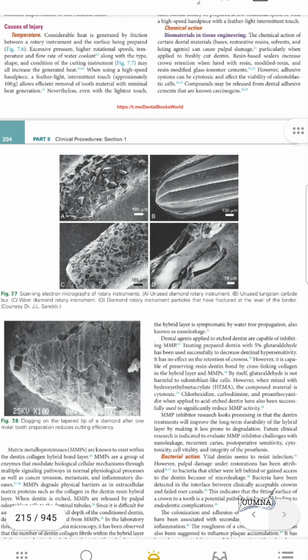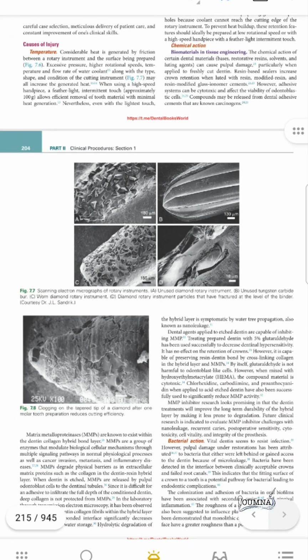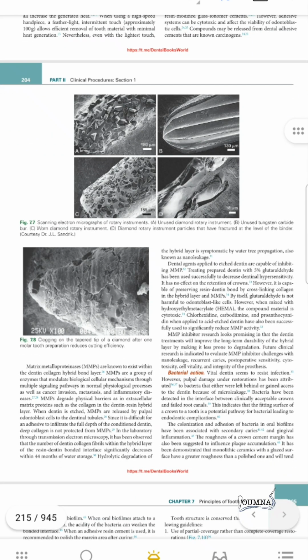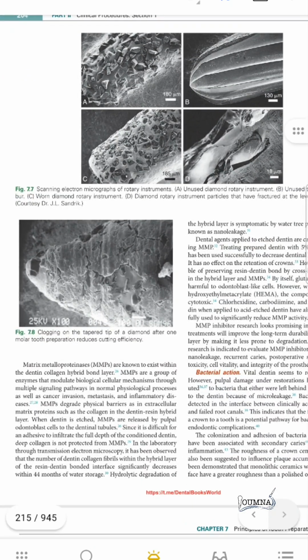So continuously changing the burs is important to prevent overheating and decrease the friction between the tooth and the bur. Here we see the clogging on the tip of a diamond after the preparation of only one molar, which decreases the cutting efficiency of the bur.